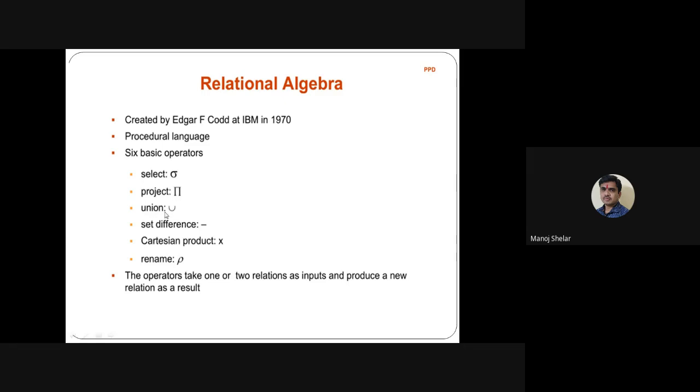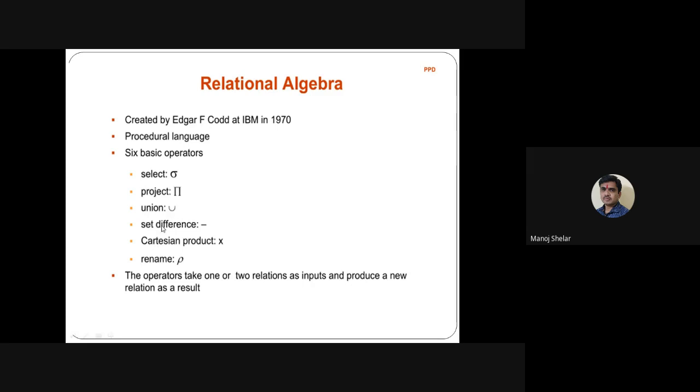Third, I think all of you know, is the union operation. In a normal database we use the union keyword in set operators. Suppose select name from student 1, union keyword, select name from student 2. So it's a union operation in a normal database, but in relational algebra we use this notation for the union purpose.